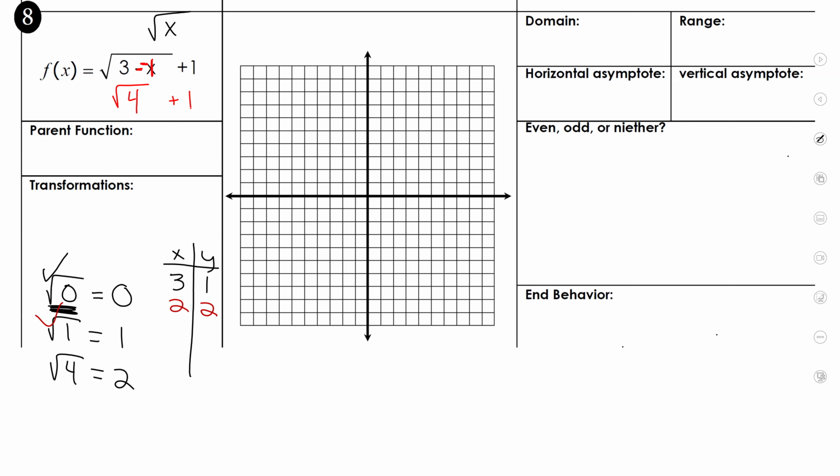The square root of 4 is 2, and 2 plus 1 is 3. So I plugged in a negative 1, and I got out 3. Okay, so let's start plotting these points. I have 3, 1, which is here. I have 2, 2, which is here. And I have negative 1, 3, which is here. It's going to continue going this way.